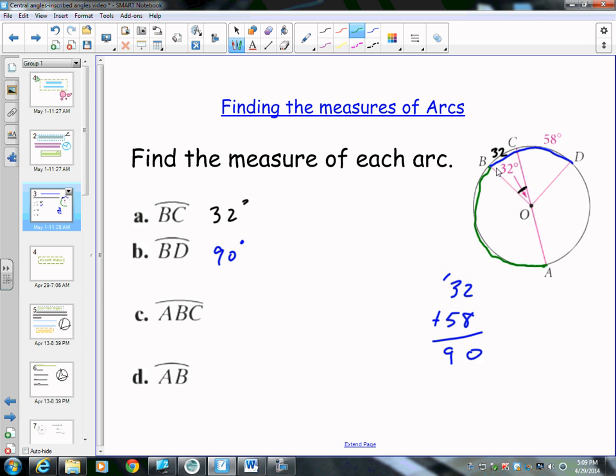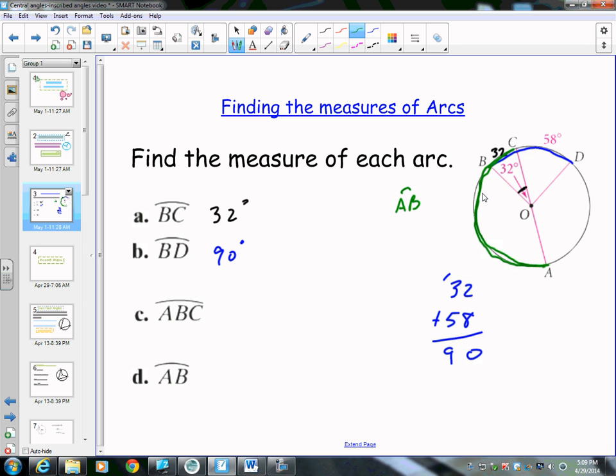From B, and then we keep going to C. Well, how in the world are we going to find this? If I know what BC is, and if I knew what AB is, all I could do is just add them up. The problem is I don't know what the arc AB is. If I knew what this is, I could just add them together. Since I don't, I've got to think of something else to do.